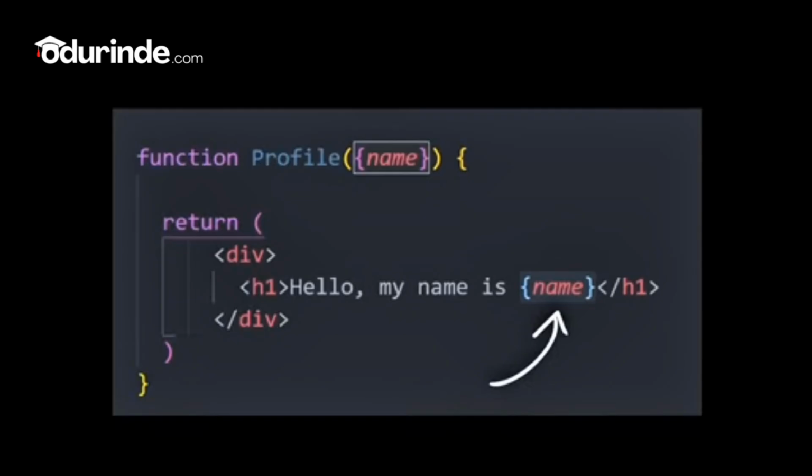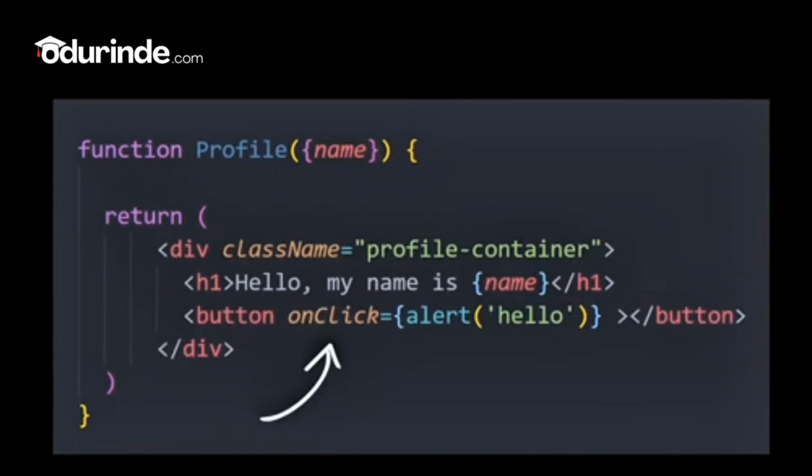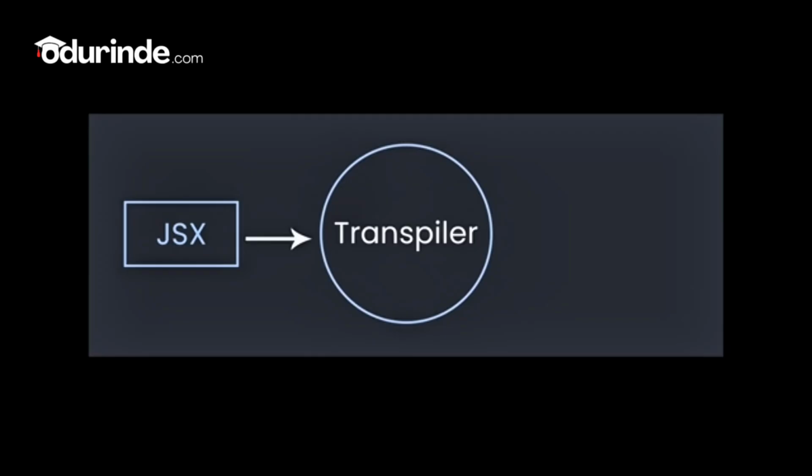JSX tags are actually very similar to HTML tags. Some notable differences are things like class declaration, which is written as className, and how event handlers are added. Browsers can't actually read JSX, so this code will be run through a compiler that converts it into traditional HTML and JavaScript code once it is put in the browser.